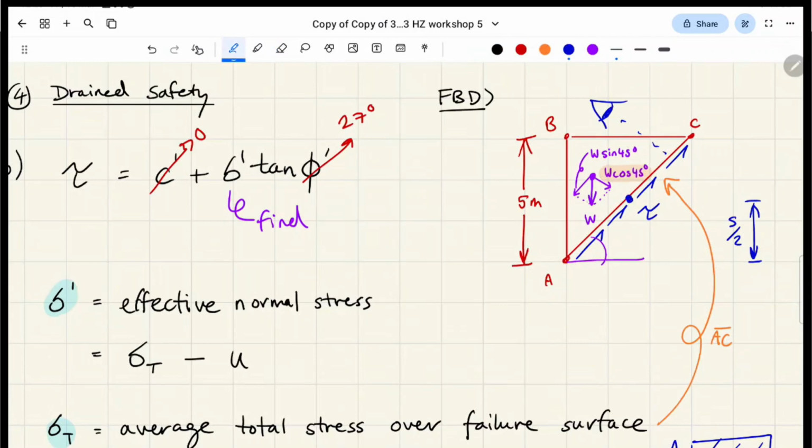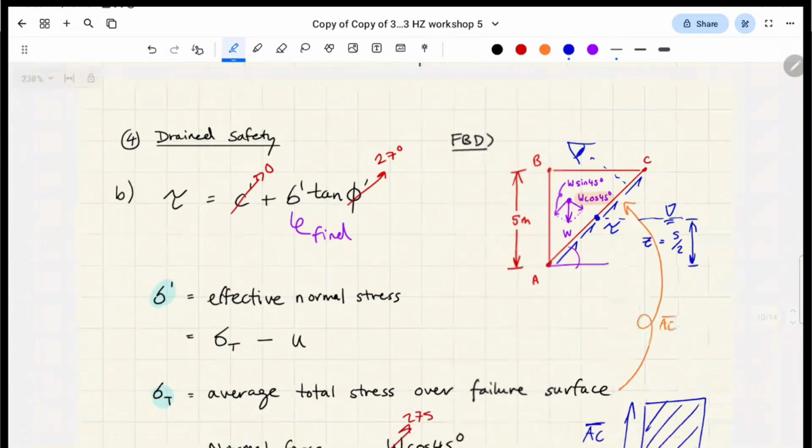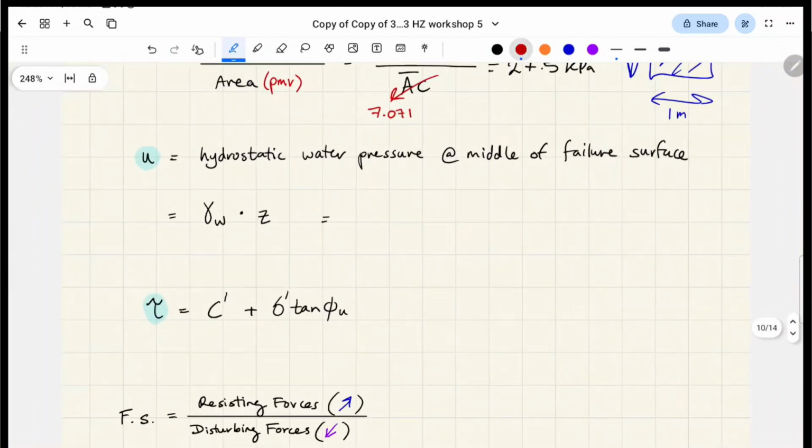But basically, here's the failure surface, here's the middle. We just have to pretend the water table is about halfway up. That's going to be Z in our calc. So this is 9.8, as we discussed, the weight of water. Z is going to be 5 over 2, which probably makes more sense. That gives us 24.5.